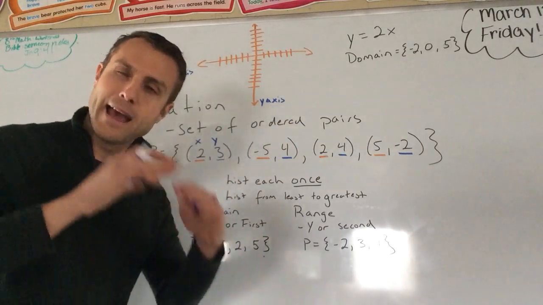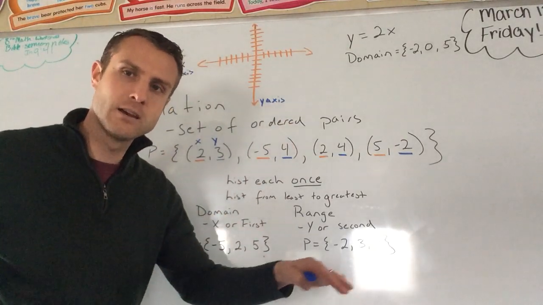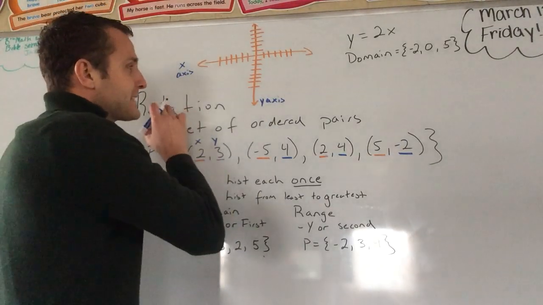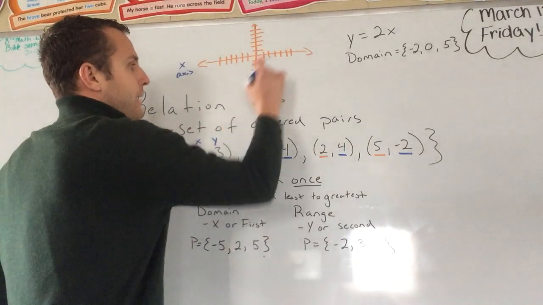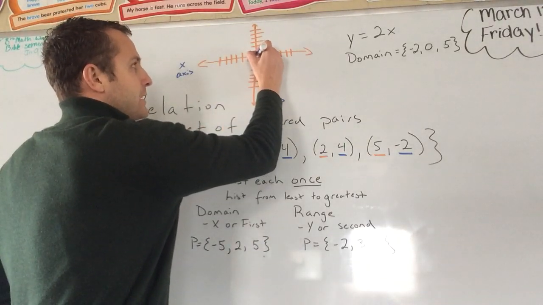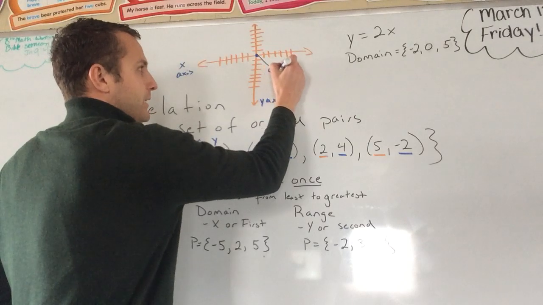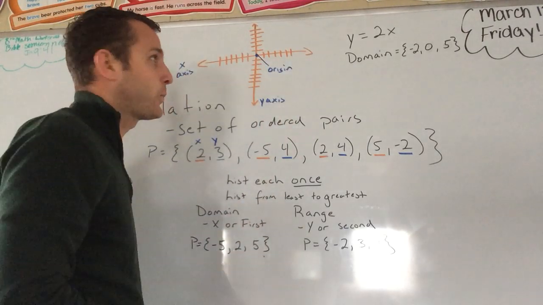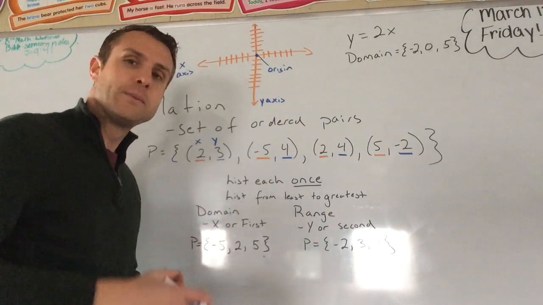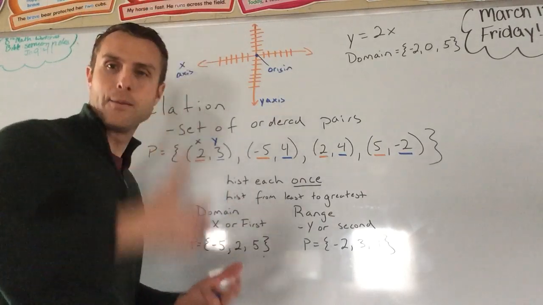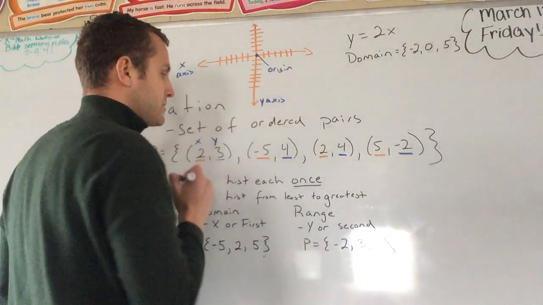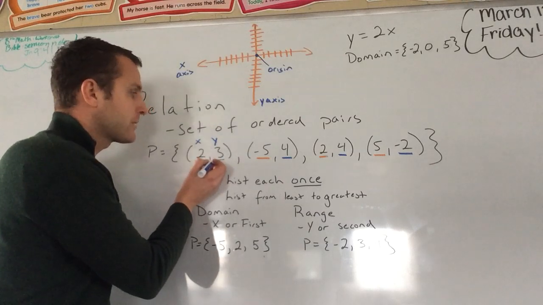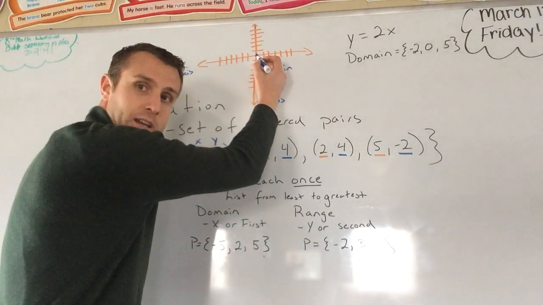Always remember that. X, left to right. Y, up and down. Where my x and my y-axis cross, we call that the origin, because that is where I begin. And that is point 0, 0, because I'm not going left or right or up or down. So if I want to graph my first ordered pair, 2, 3, I start at my origin.